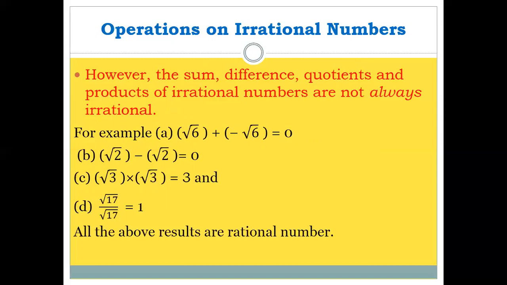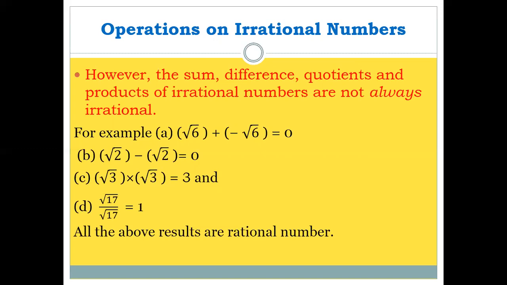Next, in part B, root 2 minus root 2, the difference, is also a rational number. Then root 3 into root 3 is 3, the product of two irrational numbers, and root 17 upon root 17 is equal to 1. So these are examples where the sum, difference, product, and quotient of two irrationals are rationals.